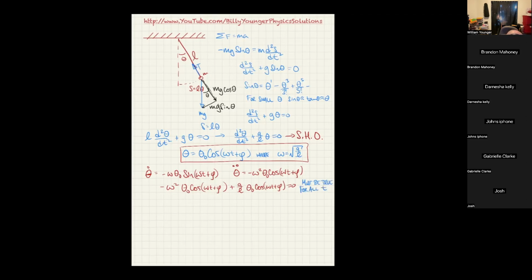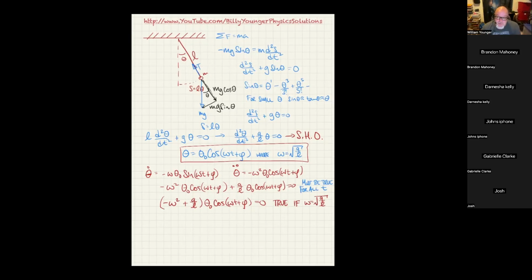So when we separate this out, we can see that negative omega squared plus g over L times theta 0 cosine(omega t plus phi) is equal to 0, and that can only be true if omega equals the square root of g over L. So that's the little step you've got to remember when you go to apply this to a particular problem.